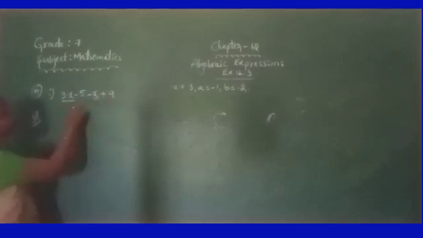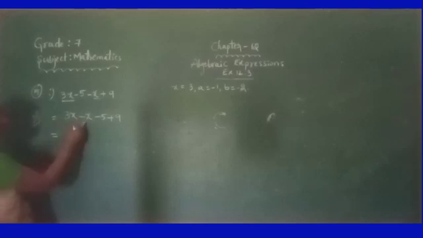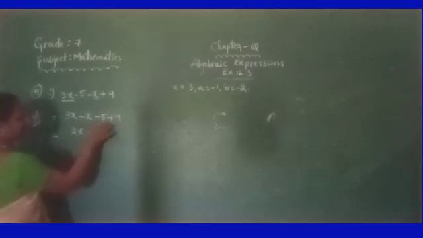Here the like terms are 3x and x. So 3x minus x, write at once, and constants at one place. Next, 3x minus x is equal to 2x, minus 5 plus 9.